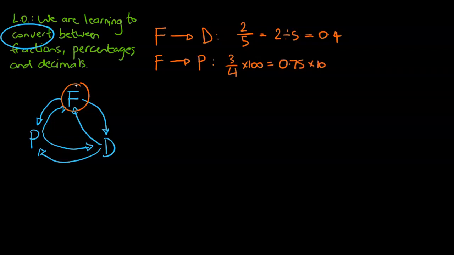I would times that by 100, and that there gets to 75%. So that's the easy kind that we're going to be looking at in this video, going from fractions to either decimals or percentages. We're now going to want to go from the other directions, which will be a bit harder.